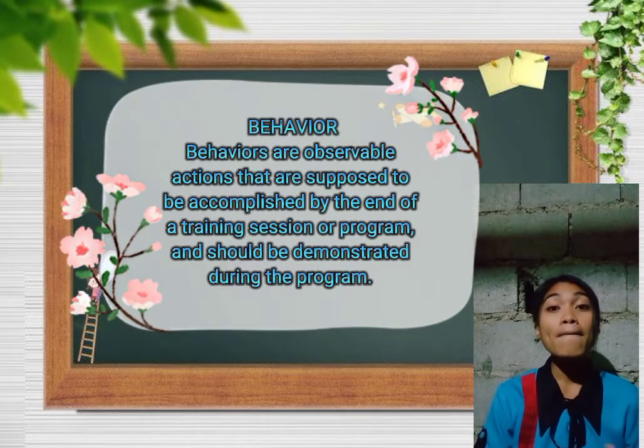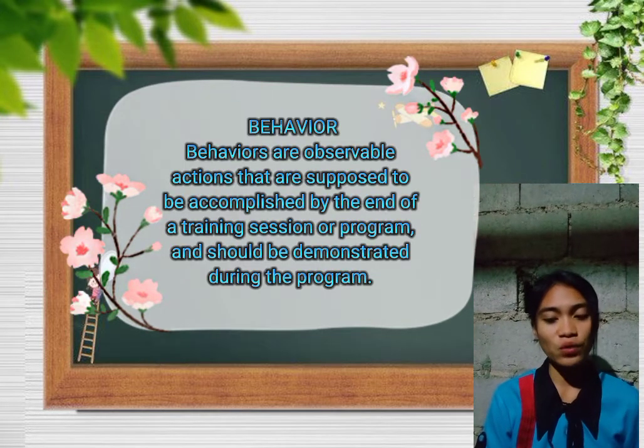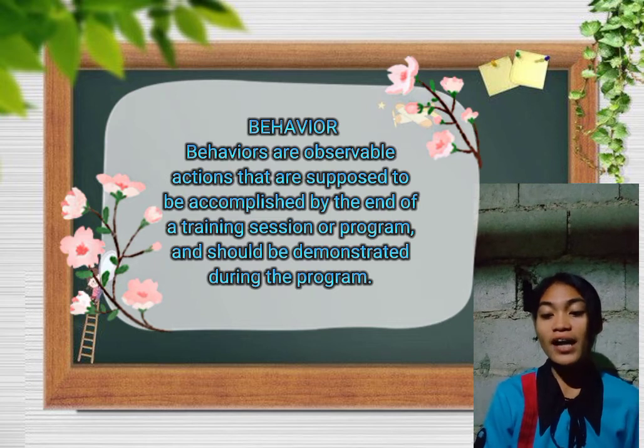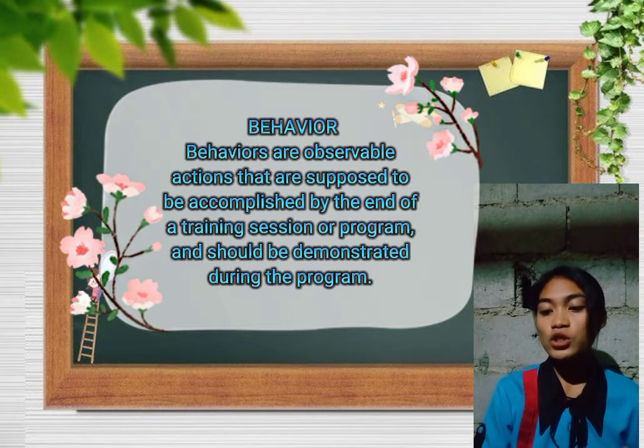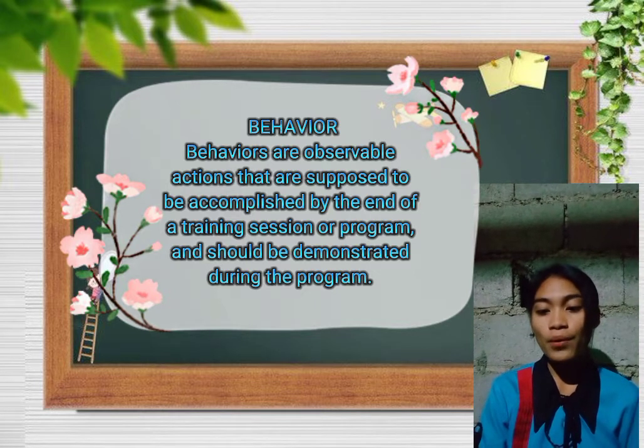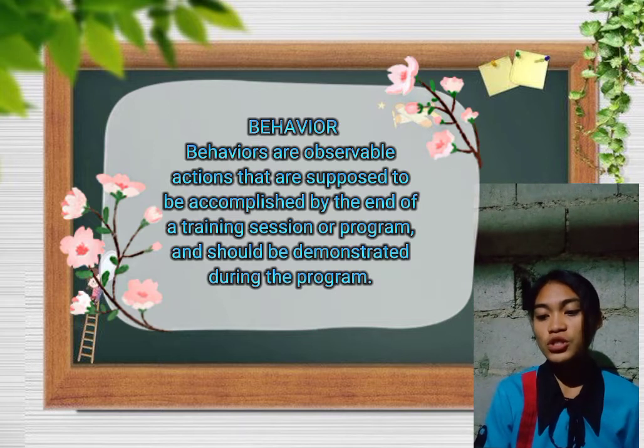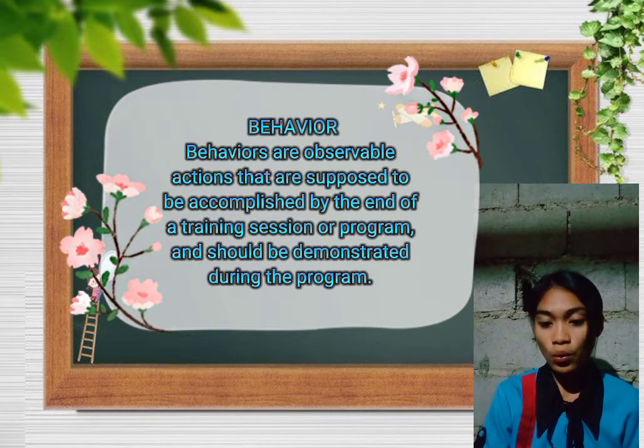Next is behavior. So what is behavior? Behaviors are observable actions that are supposed to be accomplished by the end of a training session or program and should be demonstrated during the program.